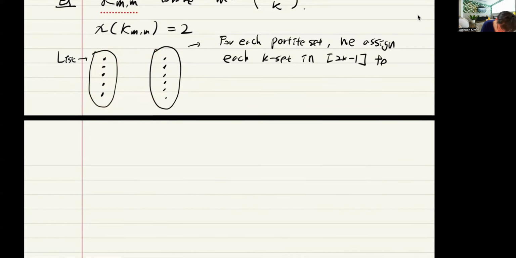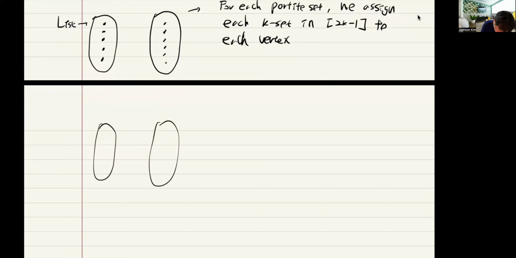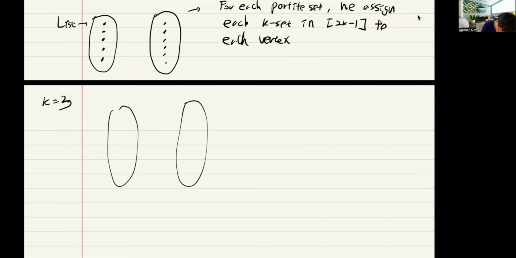So for example, when K is 2, maybe let's make it a bit more complicated. When K is 3, then what do you assign in each vertex? 3 is maybe too big. Let's make it 2.